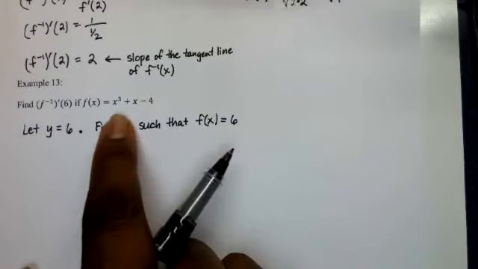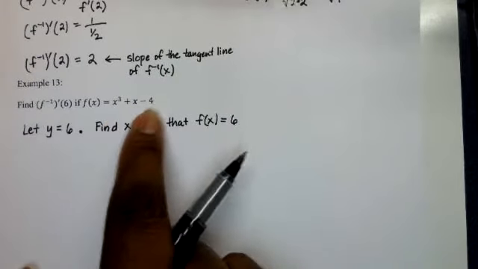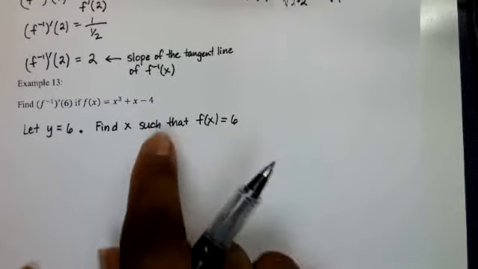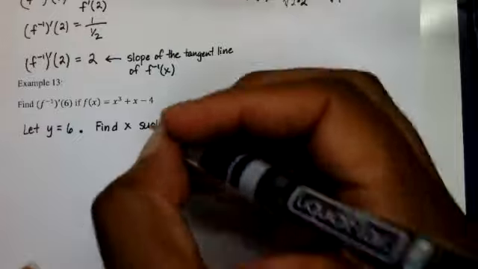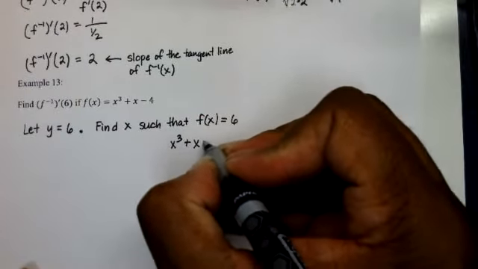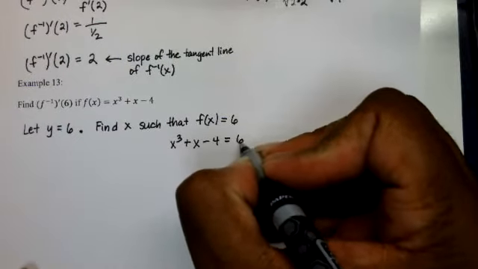Here f of x is x cubed plus x minus 4, and we want to know what x is so that x cubed plus x minus 4 would give us 6.